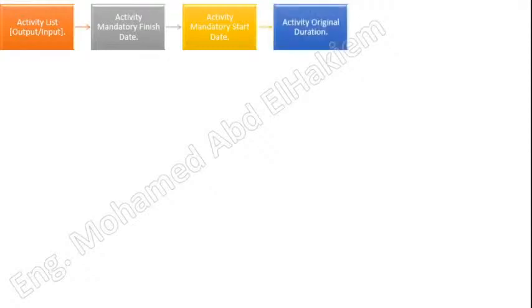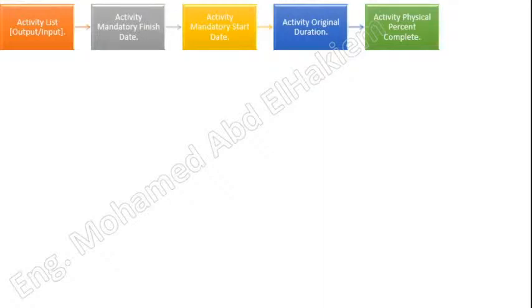Activity original duration. The activity duration originally assigned to a schedule activity and not updated as progress is reported on the activity. Typically used for comparison with activity actual duration and activity remaining duration when reporting schedule progress. Normally developed by reliance on historic data, specialists, resource availability, financial considerations, and volume of work to be performed.